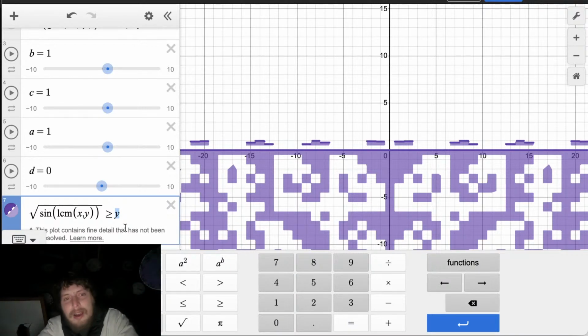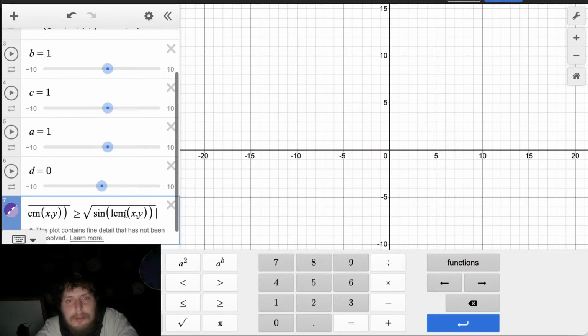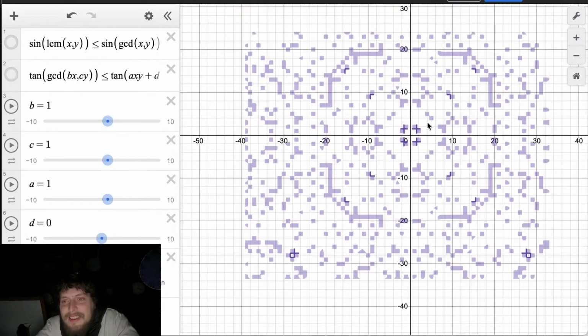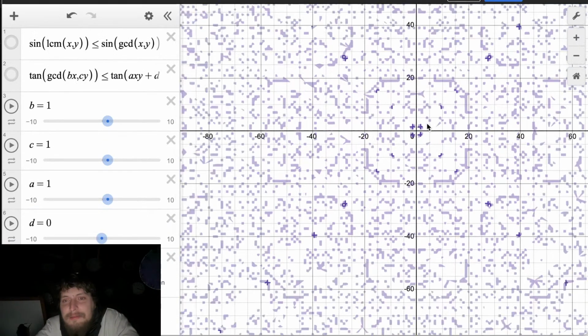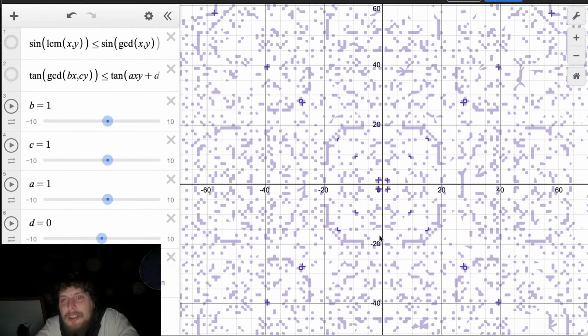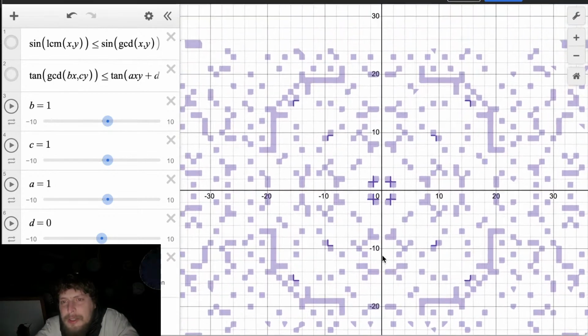Now, let's try something similar on this side, but with the greatest common denominator. Okay, there's another interesting-ish pattern. And these really look like cellular automata. If you don't know what that is, don't worry, someday I will make an episode about those.